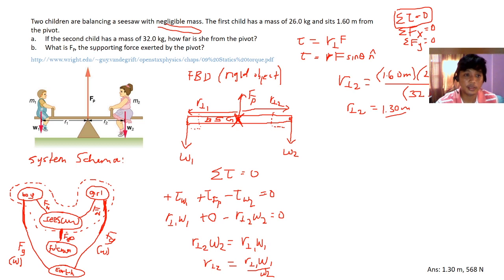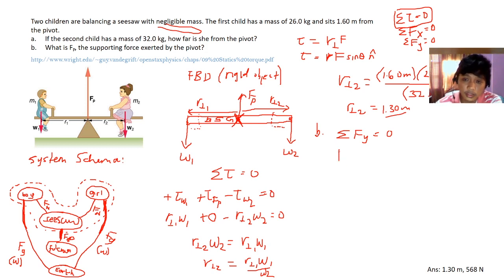What is Fp, the supporting force exerted by the pivot? So we're asked now to get Fp, and for letter B, what we can do to solve that problem is to use this other condition for equilibrium. Notice that summation of Fx doesn't play a role in this problem because there are no forces along the horizontal. So this is what I do for this.